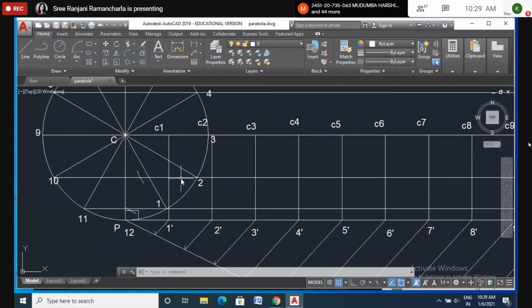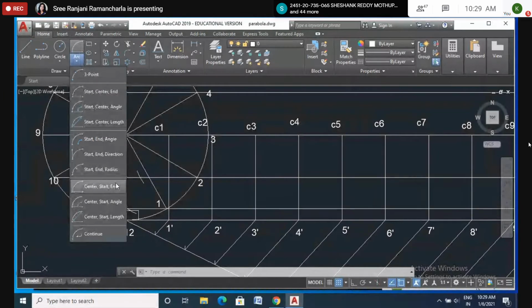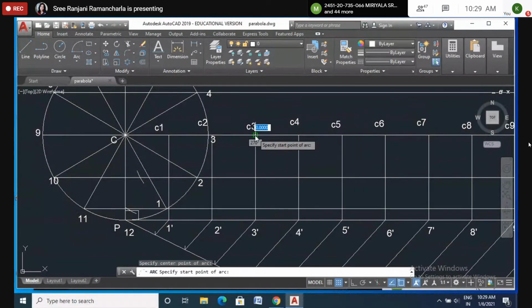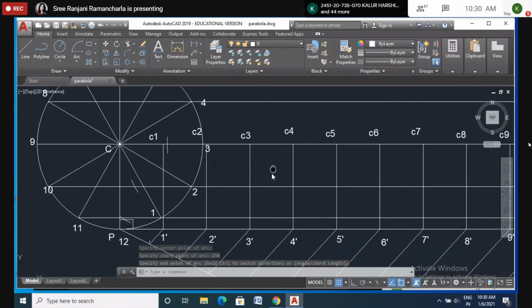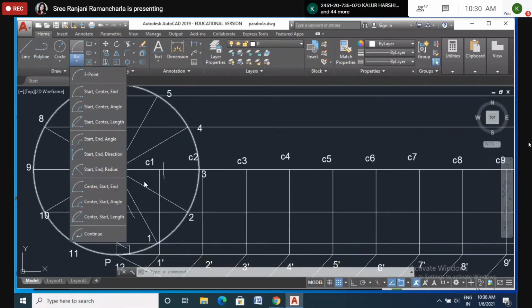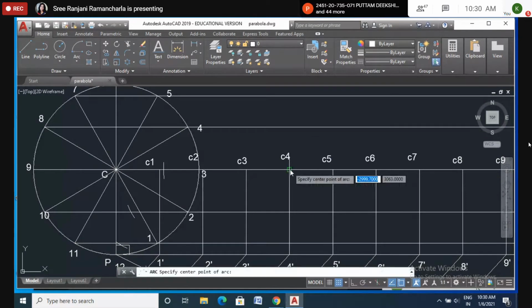Cut this line. Similarly, C3 as a center, 2.5 as a radius. Cut here somewhere, it will be cutting on this line. Like this. Now similarly, C4 as a center, you have to cut this line.